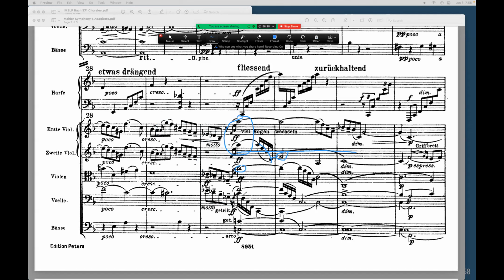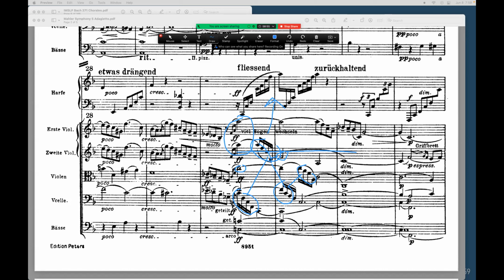And so by dividing the cellos and by judiciously using the second violins, he's able to get downward arpeggio, downward arpeggio, downward arpeggio, downward arpeggio that is contrasting to the upward arpeggios in the harp.